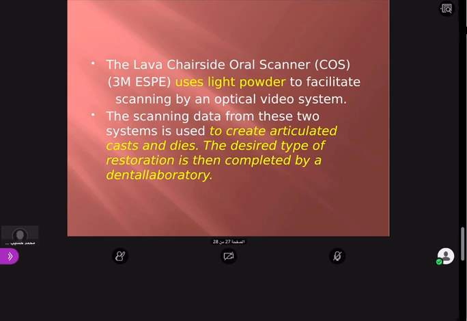The scanning data from these two systems is used to create articulated casts and dies. The desired type of restoration is then completed by the dental laboratory. By this method, we complete the impression, and this impression is called digital impression. In this impression, we do not need any material. We only need the optical scanner and the system, and this system is used in the CAD/CAM technology.